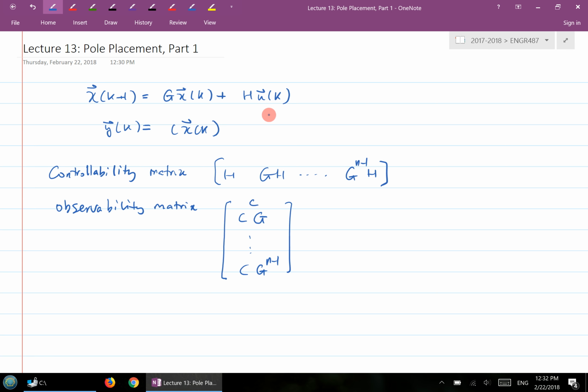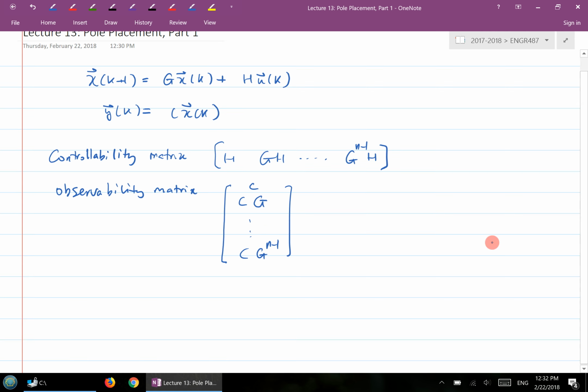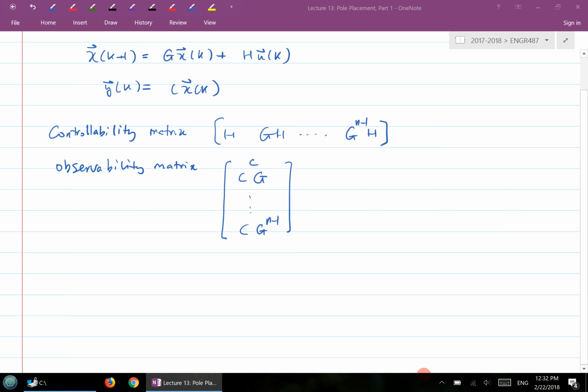If you have a discrete state space model, then the controllability matrix, which is this one, and the observability matrix, which will be this one here, okay? The rank for both of the matrices needs to be full in order to have controllability or observability.